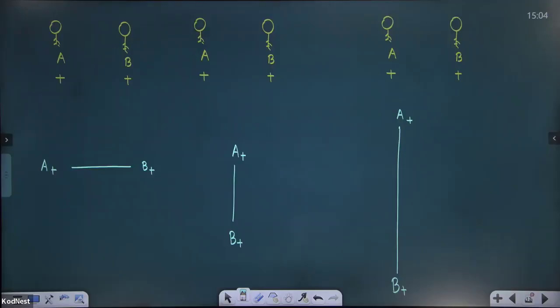If A is written a little bit higher than B, that means A is one generation above B. If it is a very big line, as you can see in the third one, that means it is a generation gap of 2. So in the third one, A is two generations above B.